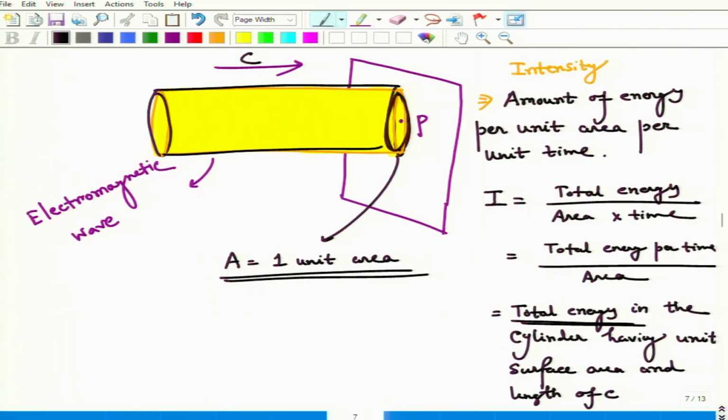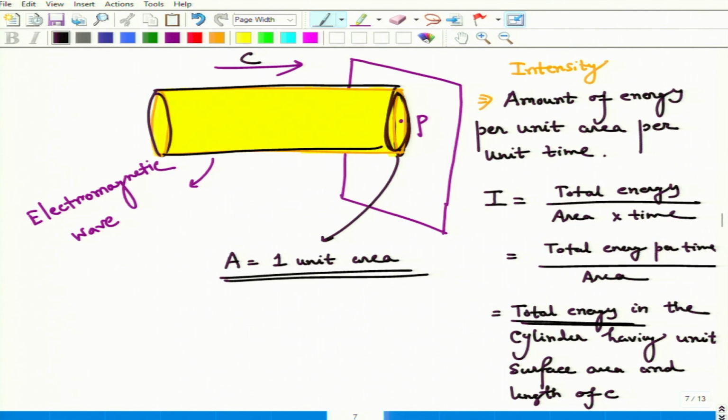We have considered a cylinder from that electromagnetic wave which has unit surface area and length c. Then the total energy stored in that cylinder should be the intensity of that electromagnetic radiation, right?